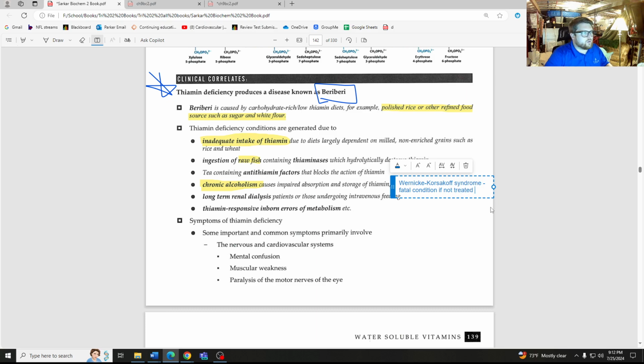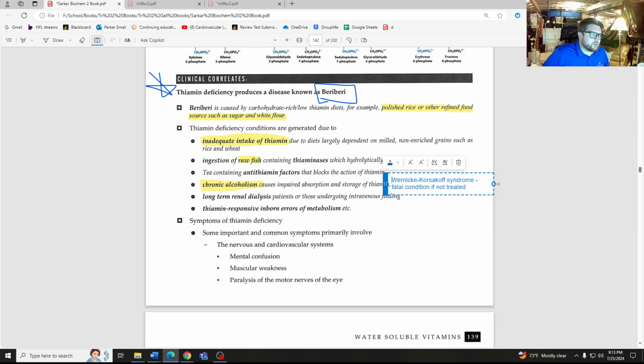This is for somebody who, when you're drinking large amounts of alcohol, is essentially unable to absorb and process thiamine due to the alcohol you're drinking, in the intestines and throughout your body.